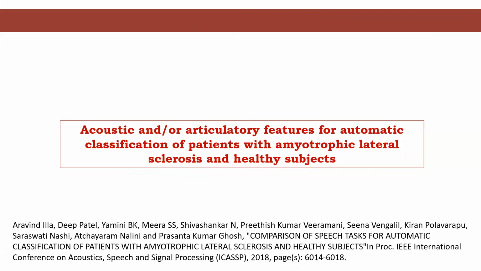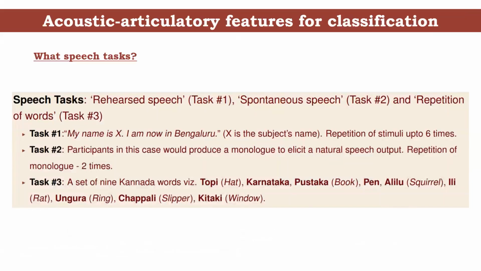And also you'll see that here we only did ALS because we didn't have enough PD data then, and so on and so forth, right? As I show you more experiments, the amount and the nature of the data will keep becoming richer. So for this particular experiment, we used 3 different speech tasks. One was repetition, and these are recordings done with the articulatory device called the electromagnetic articulograph, which was recording the motion of the different articulators.